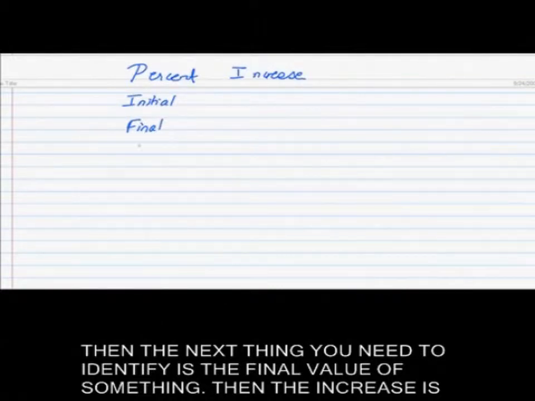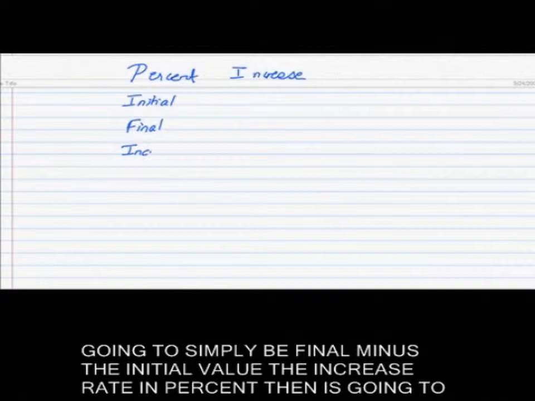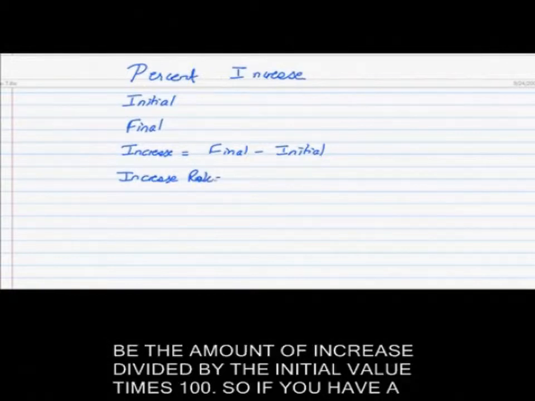Then the increase is going to simply be final minus the initial value. The increase rate in percent then is going to be the amount of increase divided by the initial value times 100.